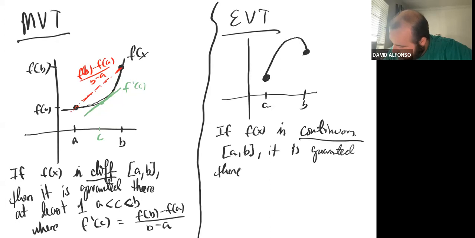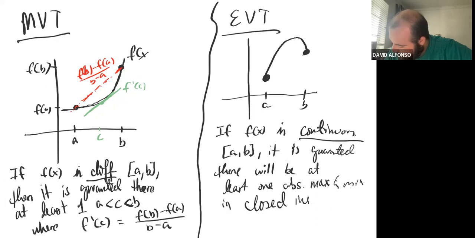there will be at least one absolute max and min in closed interval a to b.